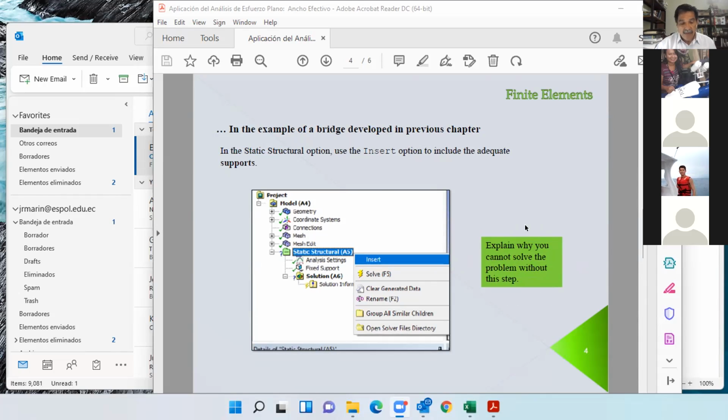Okay, so you need to include supports. In the class, the way we described it is that there are not enough boundary conditions.